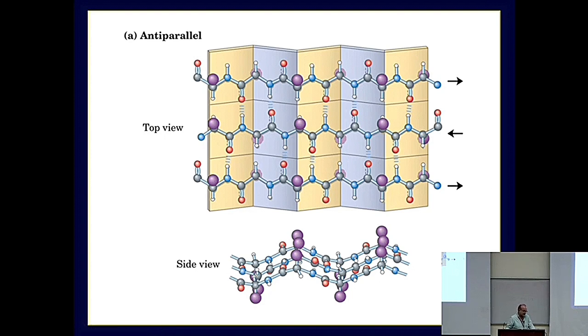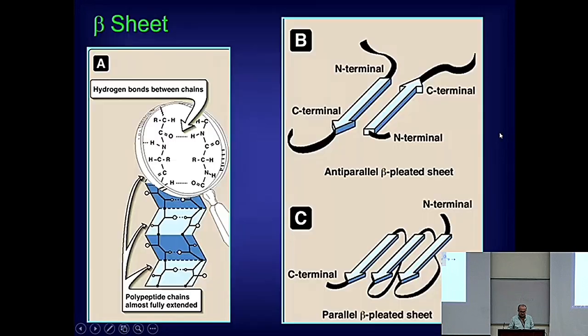Regardless of whether it's parallel or anti-parallel, what keeps a beta pleated sheet together are the hydrogen bonds between the peptide bonds of the opposing or adjacent segments of polypeptides. Okay?